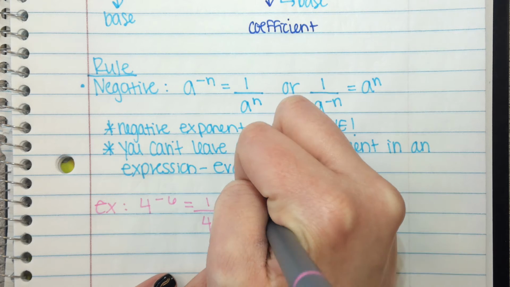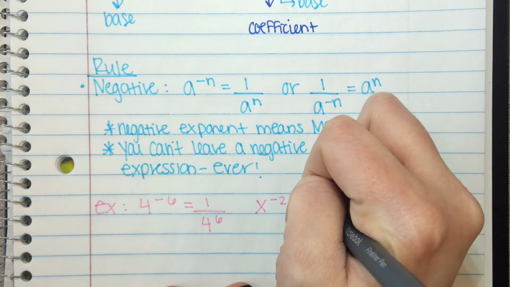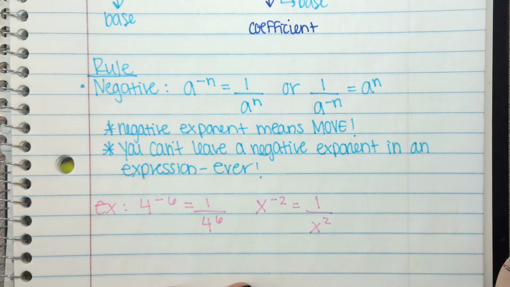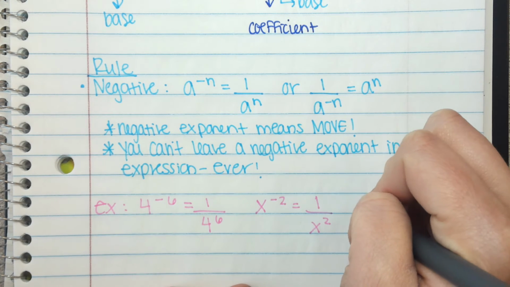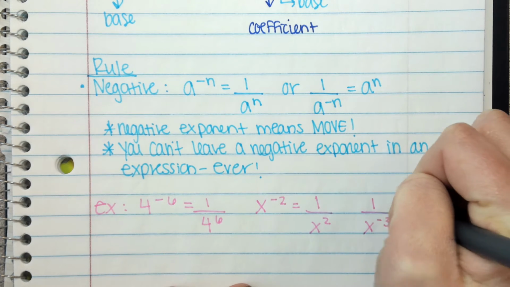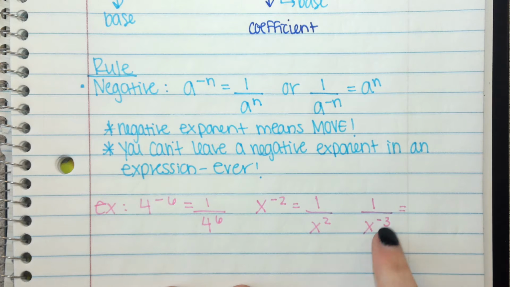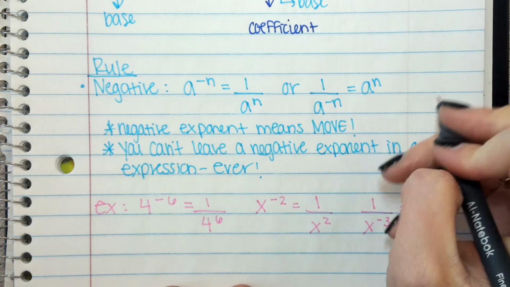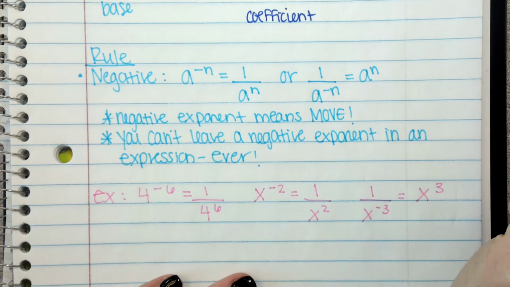Another example is if I have x to the negative 2nd power, that would be 1 over x squared. Right? Or if I had 1 over x to the negative 3rd, I would rewrite that so that this time the negative's in the denominator, so we bring it up top, that negative exponent, and that's just x to the 3rd, or x cubed.